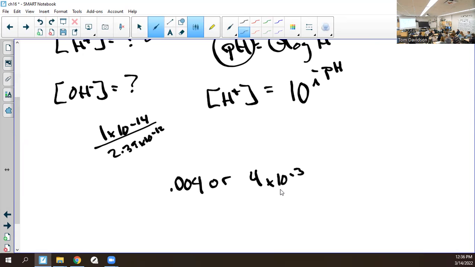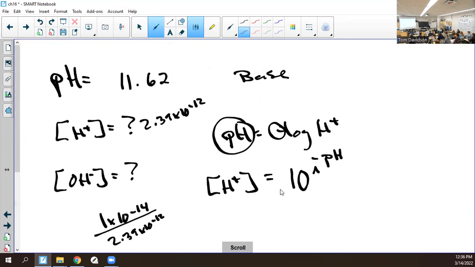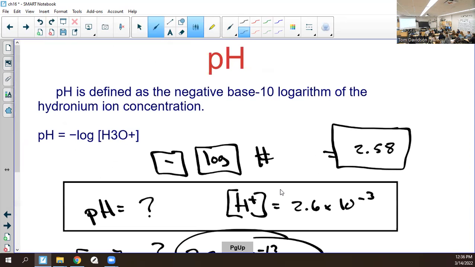Okay, I'm going to teach you something to do this a tiny bit faster if you feel like it. I'm going to go back to this one. We found out the pH of this first one was 2.58, right? So the pH equals 2.58.